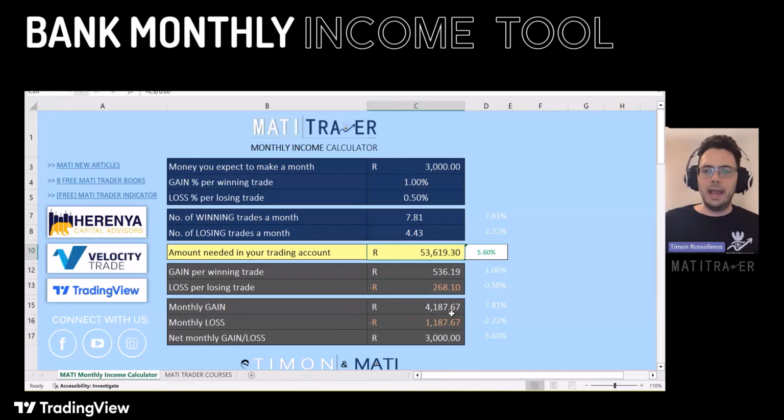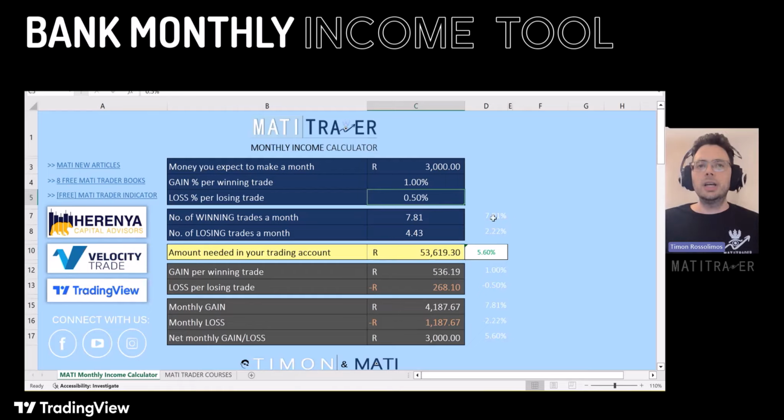Why is that? And you'll be banking 5.6%. So what happened? Well, the loss percentage per losing trade has dropped significantly. The gain percentage per winning trade has also dropped to 1%. And so the amount needed in your trading account is 53,619 Rand and 30 cents.